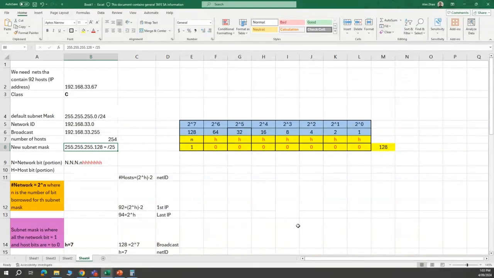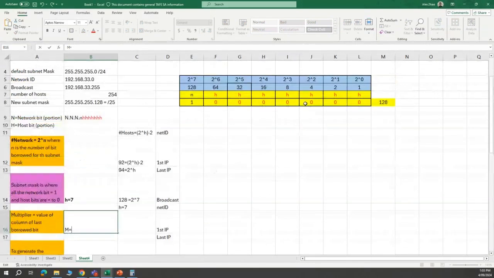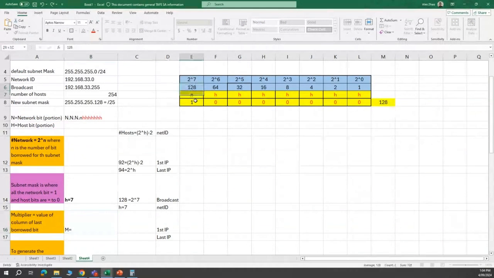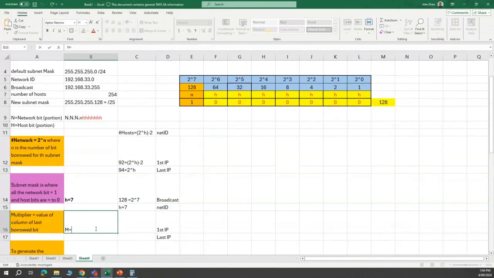So all our new networks will have that subnet mask. And how do we generate these networks? We need a multiplier. In this case, the multiplier is the value of the last borrowed bit. There's only one bit borrowed in this case, so that is this column here. The value is 128. So m equals 128.